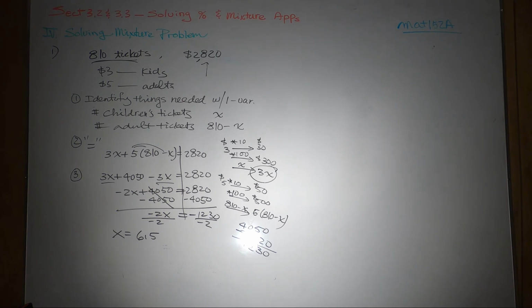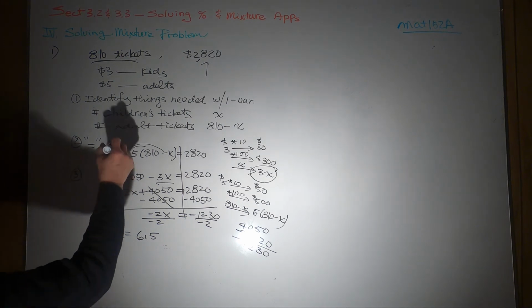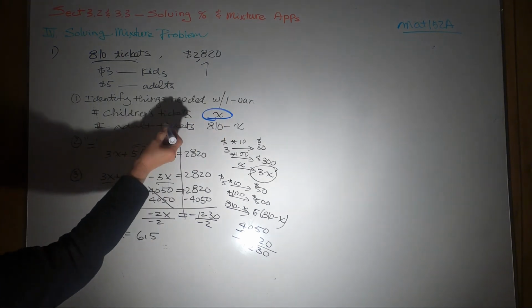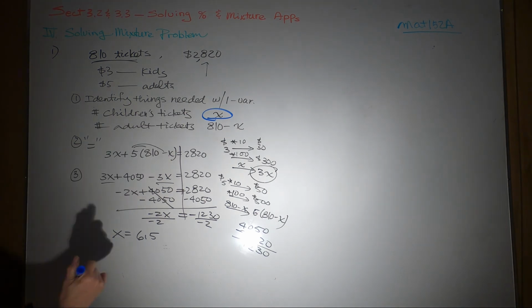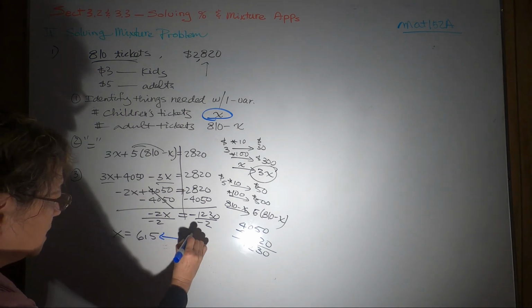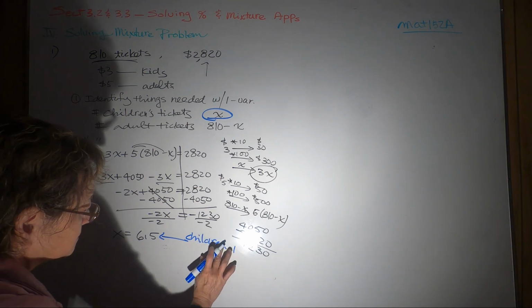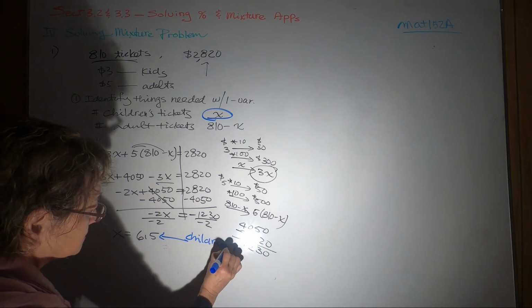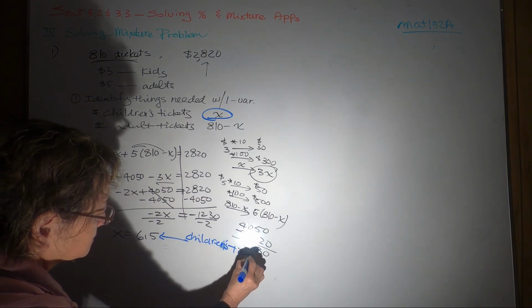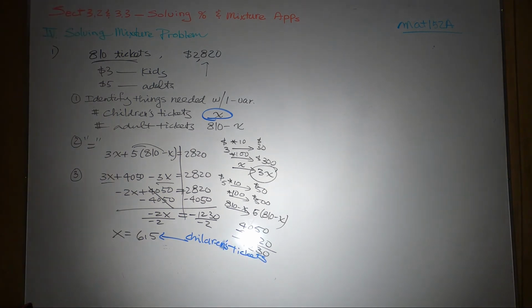615 of what? Dollars? Goats? You need to go back and check. Okay? So here says X is what? Children's ticket. So that means what? You have so many children's tickets. Right? Then how many for adult?